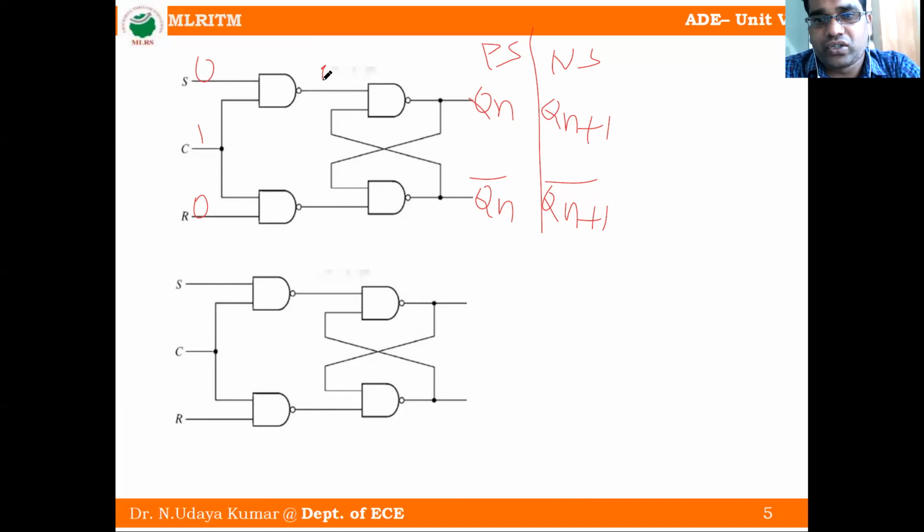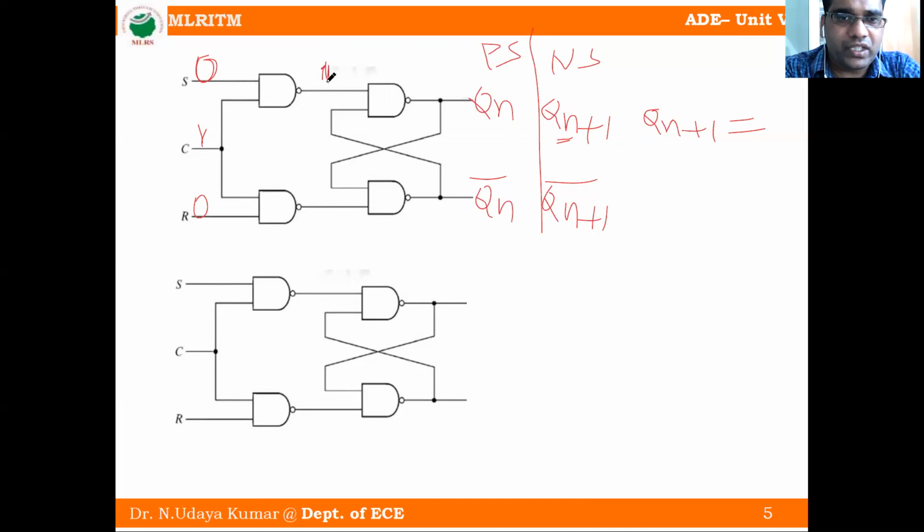So Qn plus 1 is equal to, how much? Now we will calculate. So this is 0 and this is 1. It is a NAND gate, so 0 into 1 is 0 and the complement is 1. So we will get output 1 here.